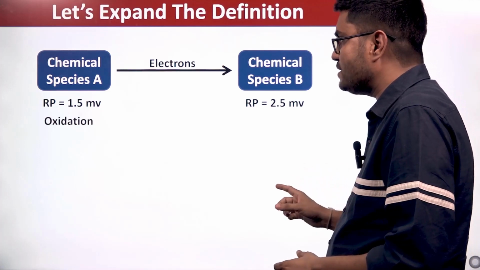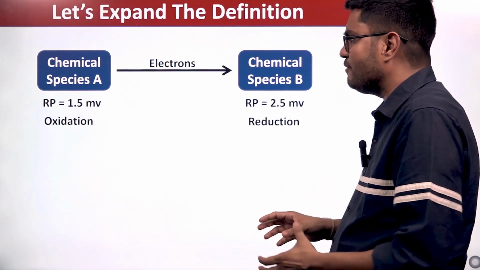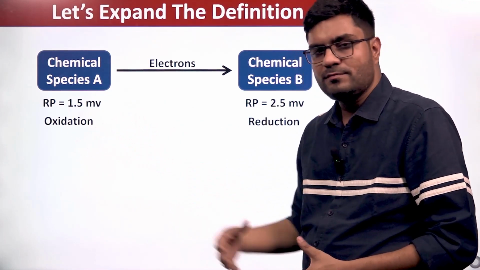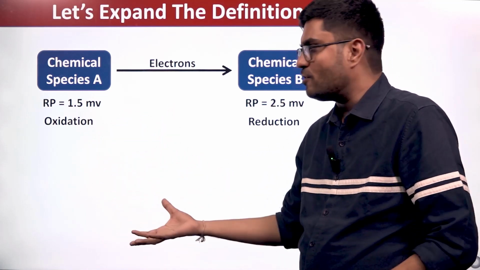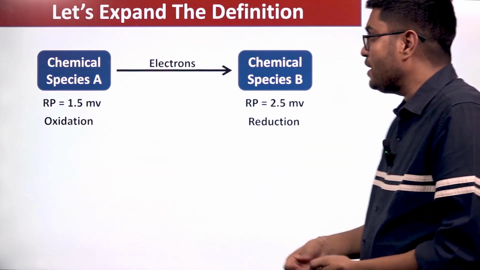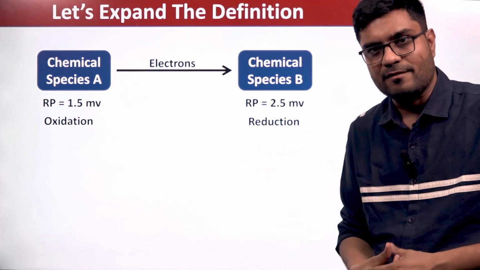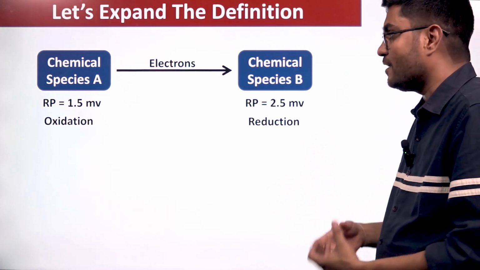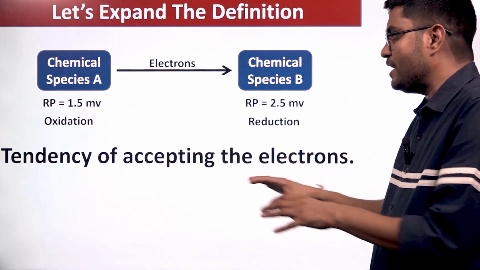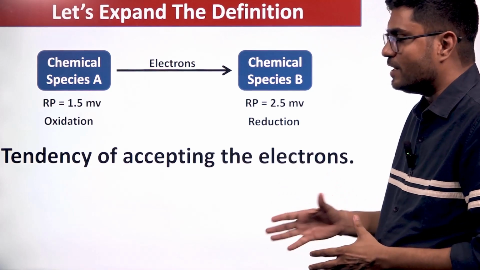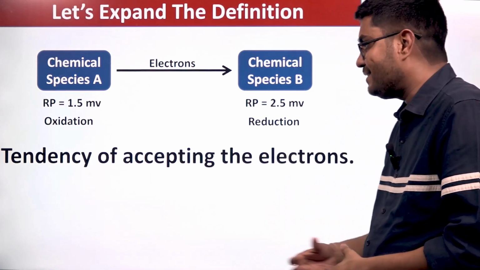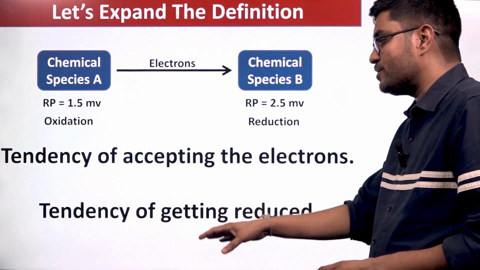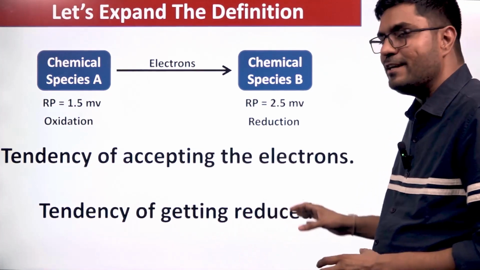Now the definition is very simple, and we can also explain it in terms of oxidation and reduction. If a species is losing the electron, then the species is getting oxidized, or the process of oxidation is occurring. If the species is accepting or gaining the electron, then that species is getting reduced, or the process of reduction is occurring. So, one more time, reduction potential is nothing but the tendency of accepting the electrons, or you can say the tendency of getting reduced.